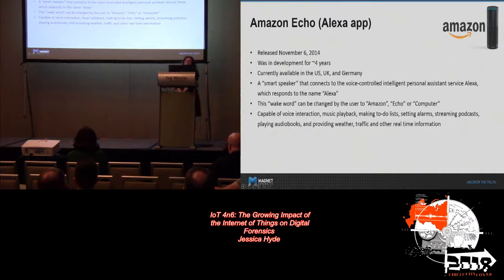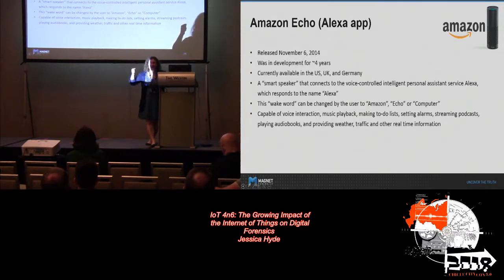All right, so it's a smart speaker that's voice-controlled when you use a wake word, right? Amazon, Alexa, Echo, computer, there's certain words you can use. Those are actually the 4. That's your choices. And it's capable of voice interaction, playback music, control other smart things. Yes, anytime I can tie one unsecure thing to another unsecure thing, that means more data for me.